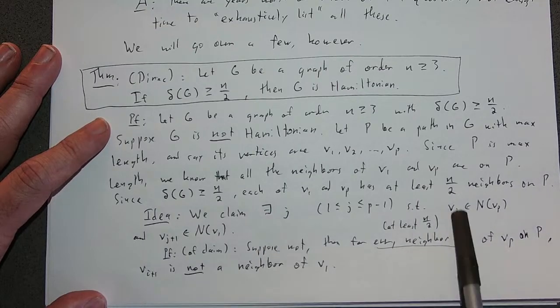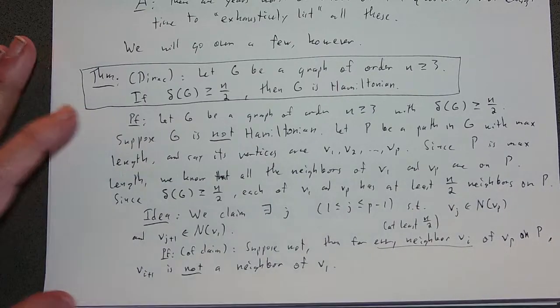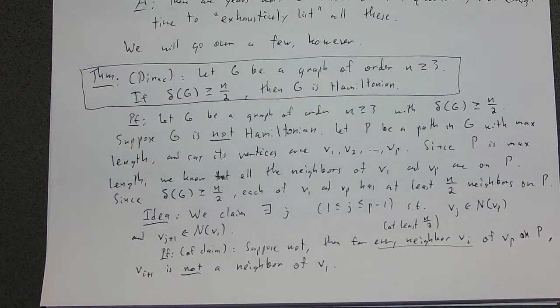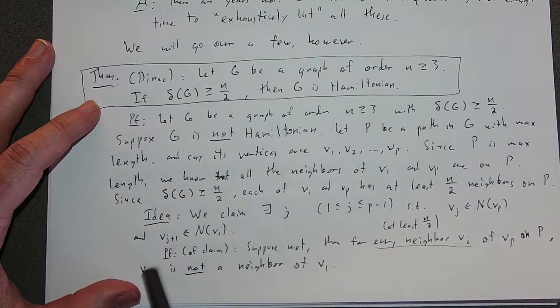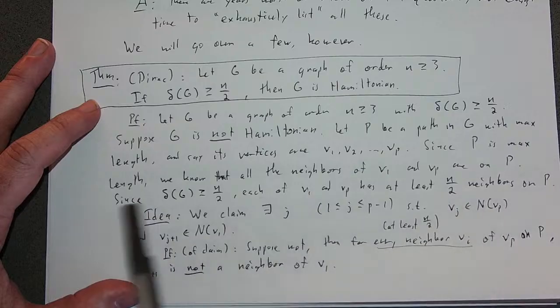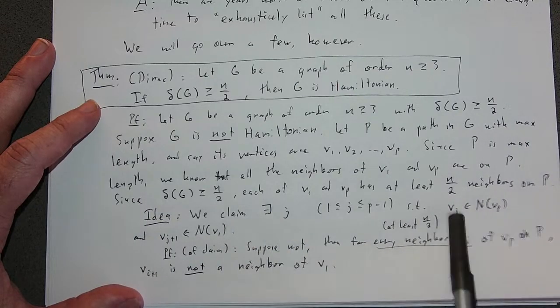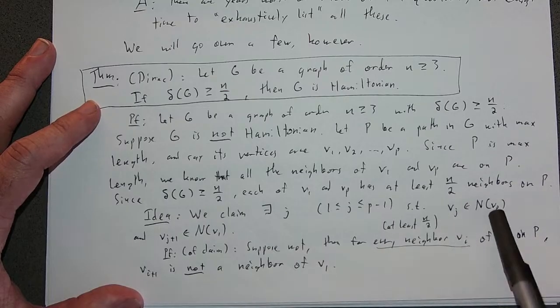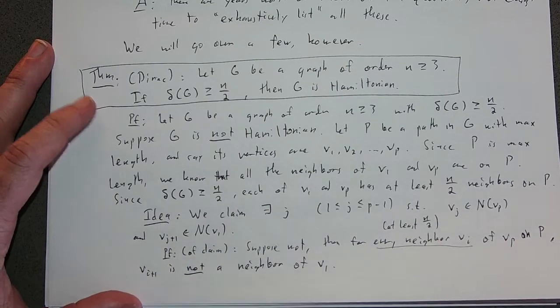There is a j such that v sub j is a neighbor of v sub p, and v sub j plus 1 is in the neighborhood of v1. That is what would have to happen if this idea is not true, right? It's that there doesn't exist a single index for which v sub j is a neighbor of v sub p, and v sub j plus 1 is a neighbor of v sub 1.